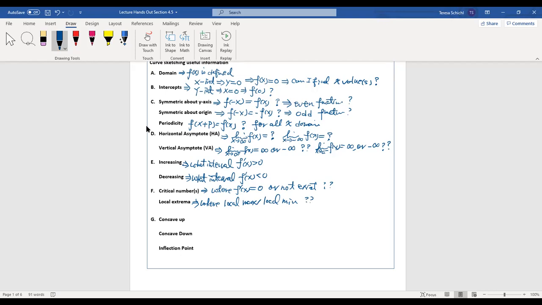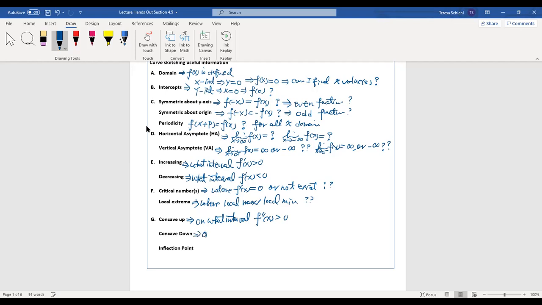Then the next thing here, I want to see how my graph bends. So where is it concave up or concave down? That means on what interval? Do we still remember how we define concave up and concave down? That means my second derivative is greater than 0 for concave up.